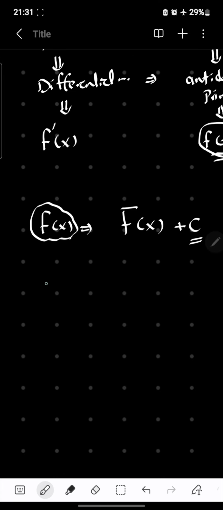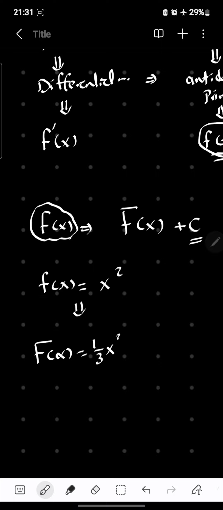For example, if I have a function f of x which is x squared, what is the function that if we differentiate it we get x squared? It will be 1 over 3 x power 3. But it is not the only function.